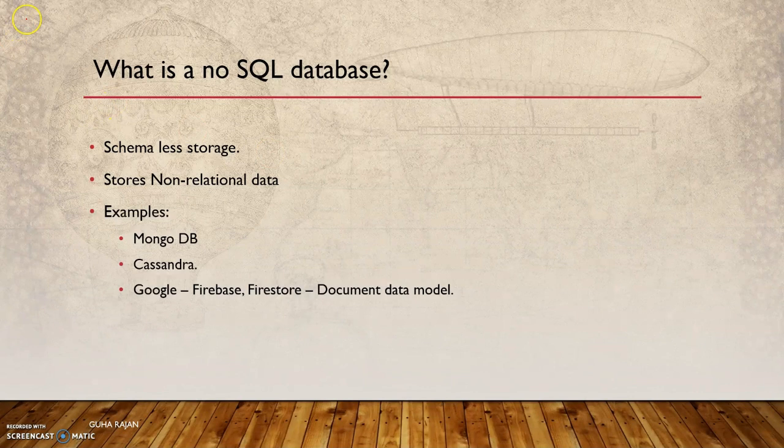So it is called schema-less storage, as indicated here. Schema-less storage stores non-relational data. If there are complex join conditions with multiple tables, or you don't want data redundancy, meaning you don't want the data stored in multiple locations, you need to go for the structured SQL approach.